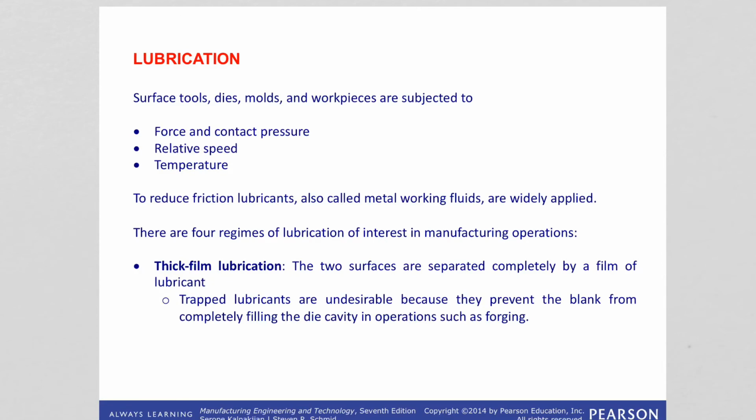There are basically 4 regimes of lubrication of interest in manufacturing operations. The first one is thick film lubrication. In this case, the two surfaces are separated completely by a film of lubricant.